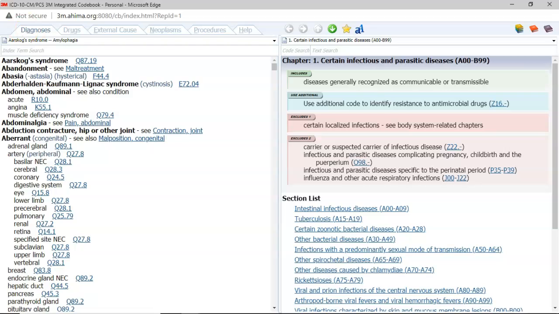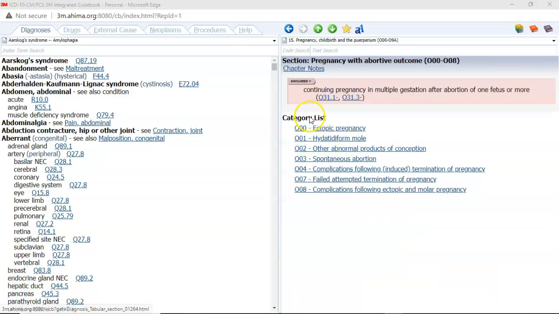So let's take a look at these. Now, just to go back and clarify, O03 is the category for a spontaneous abortion. O07 is the category for a failed attempted termination of pregnancy.